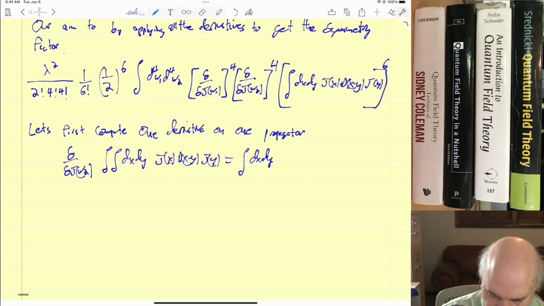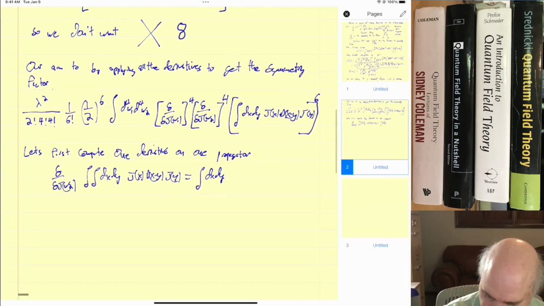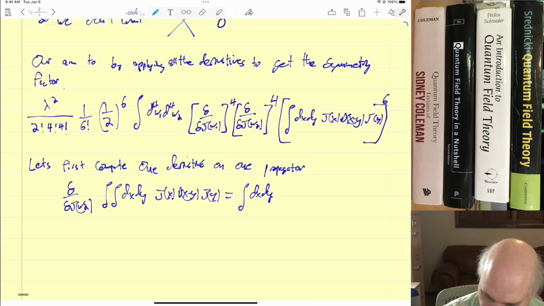When you take the general formula, this is just a basic functional derivative thing: del j of u over del j of v is equal to delta, four-dimensional, usually u minus v. This is our basic idea.